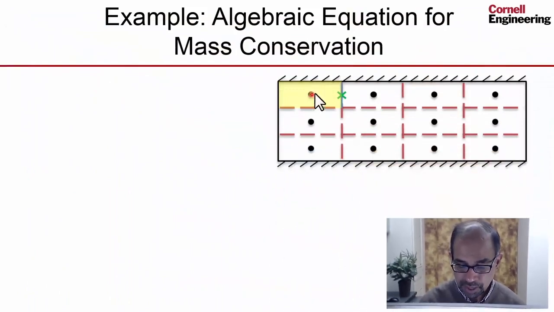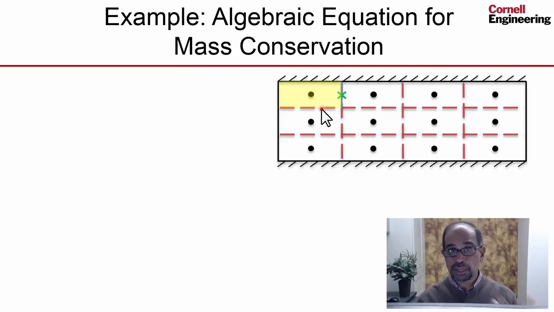As an example, let's work out the algebraic or discrete equation for mass conservation for one particular cell. I'll pick this cell, and I want to know what the volume of flow crossing each of these faces is. So I have 4 contributions to the volume of flow, and I'll set that to 0 because a net volume flow out of the cell has to be 0 for mass conservation.